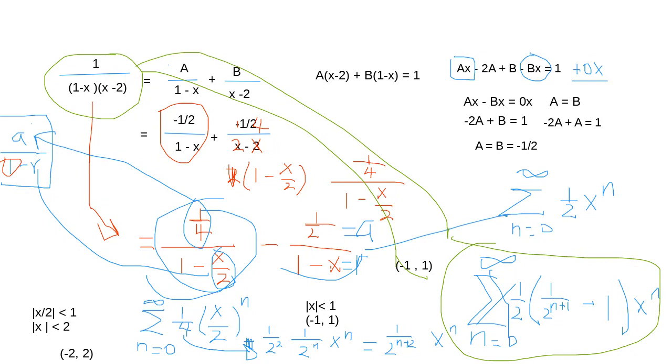So I made a mistake here. You see, -2a plus a, that's just -a. -a equals 1. So a equals -1. Oh, that's much easier. Yes, so a equals -1. Yeah, I made a mistake.